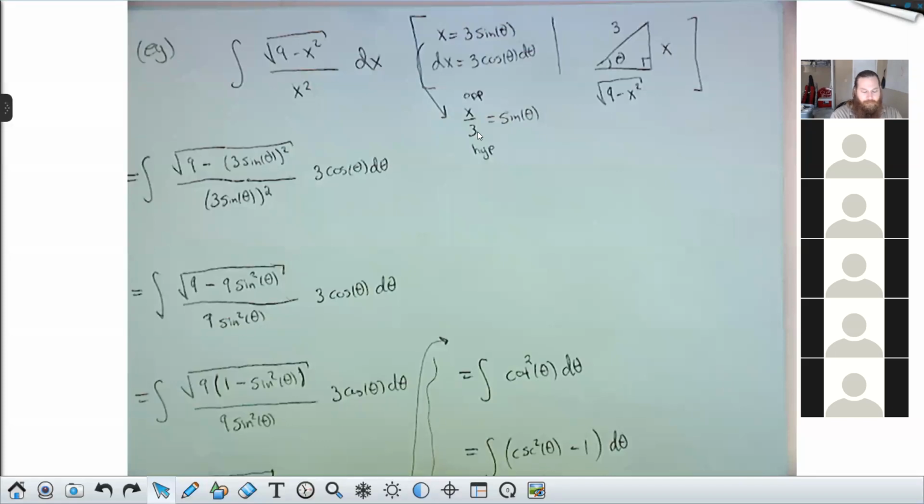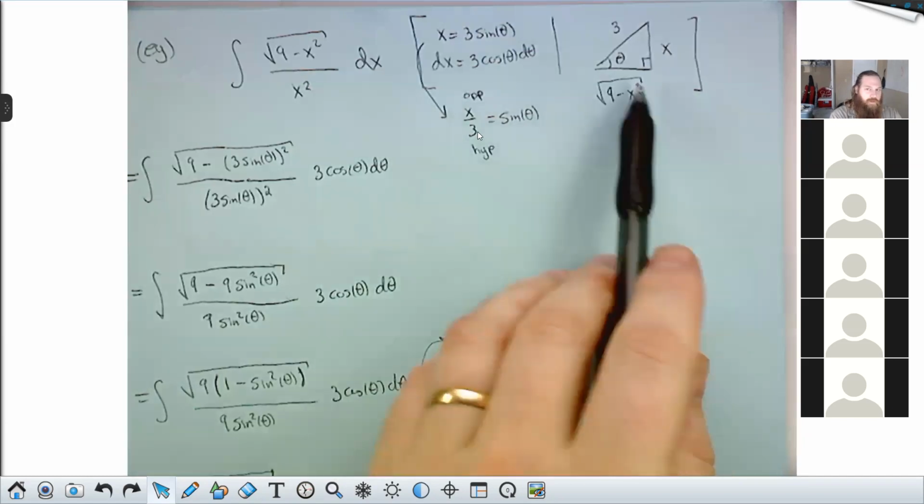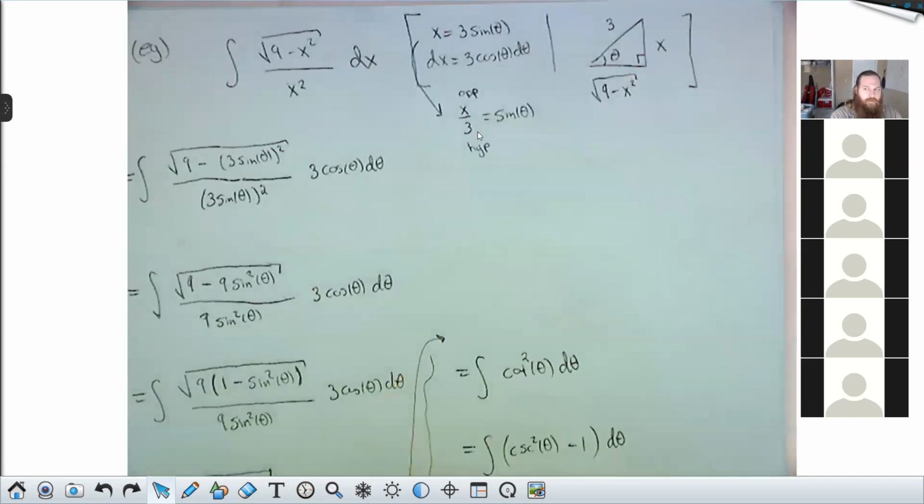Why is that useful? Because down here I've got cotangent of theta, and I need to know how to write that in terms of x. This triangle is the key to going back and forth from x's to thetas.